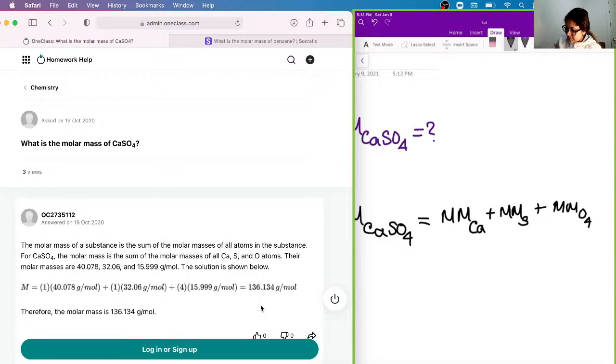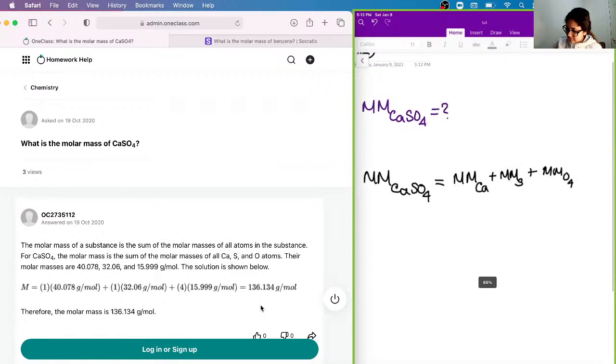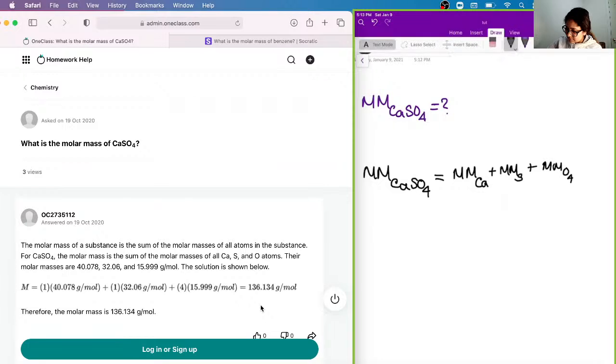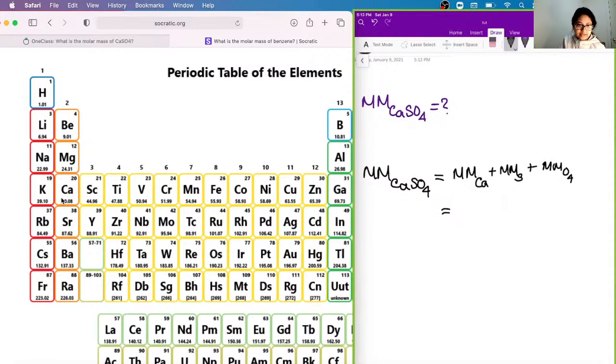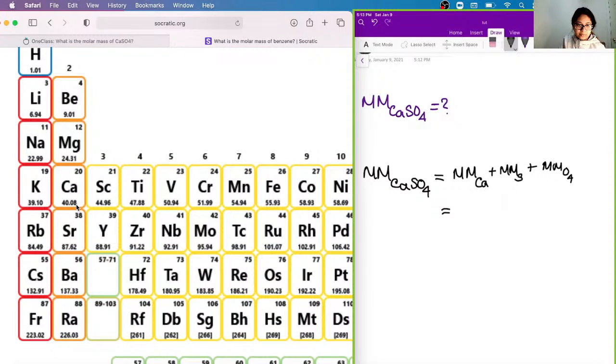To do this, we first need to know the molar mass of calcium, which is given in your periodic table. Underneath the symbol, it's 40.08 grams per mole. This is your unit.